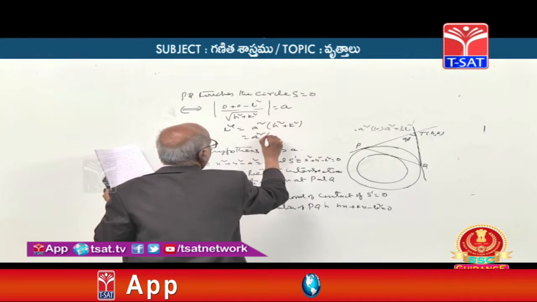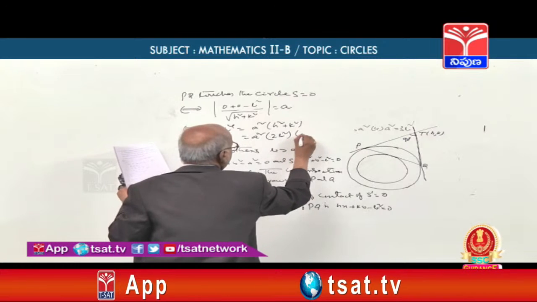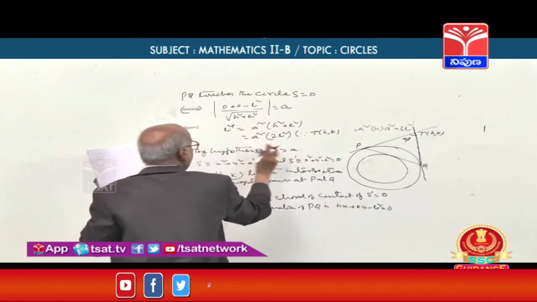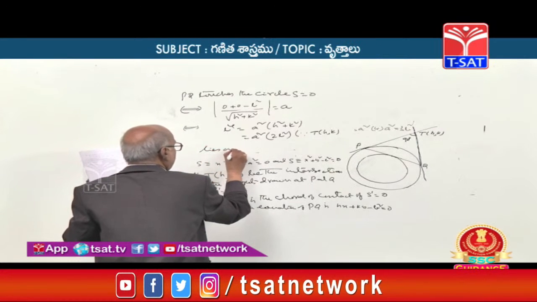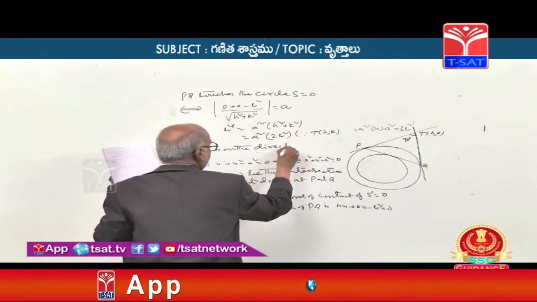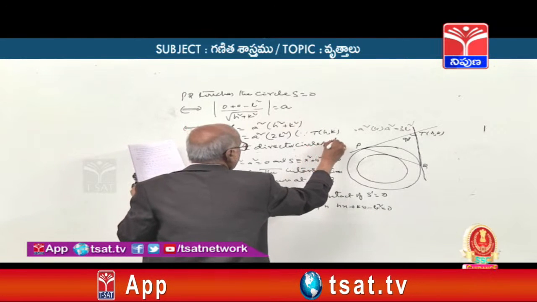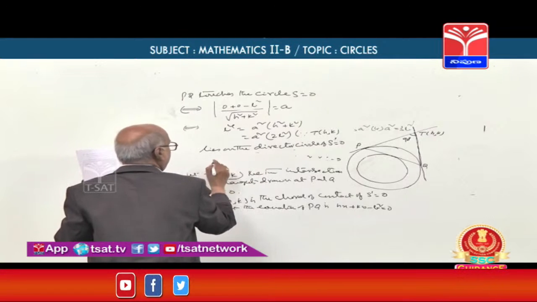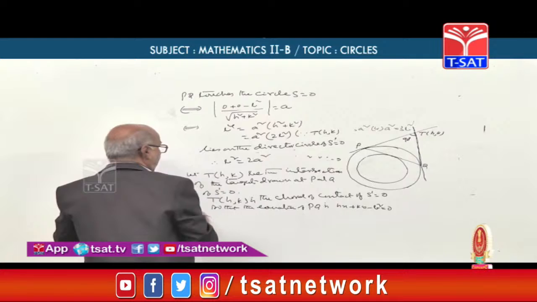But that A square is equal to 2B square, since H, K lies on the director circle of S dash equal to 0. So, therefore, you will get B square is equal to A square. Answer is option number 1 itself.